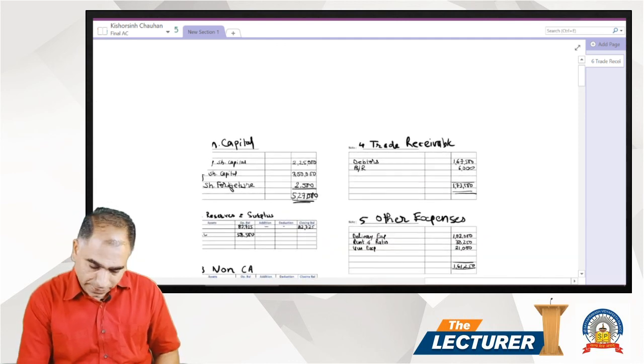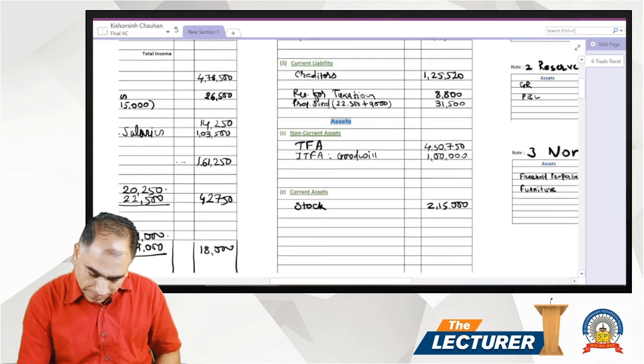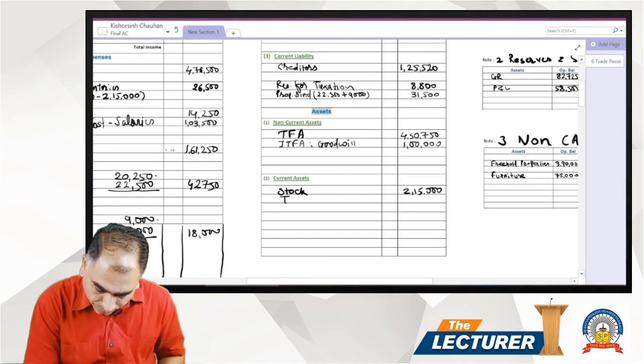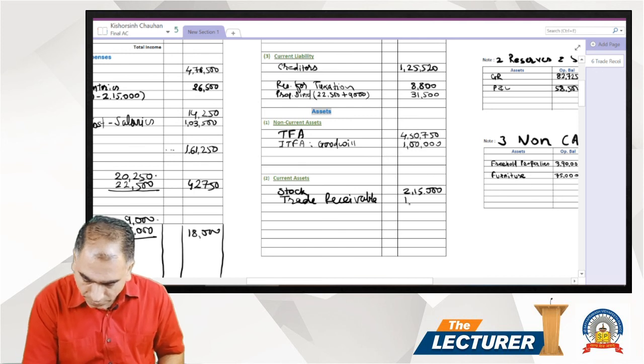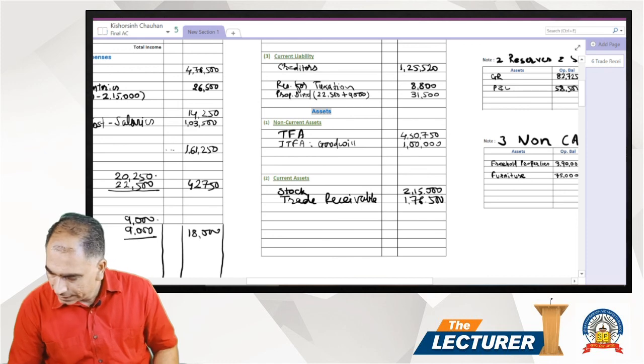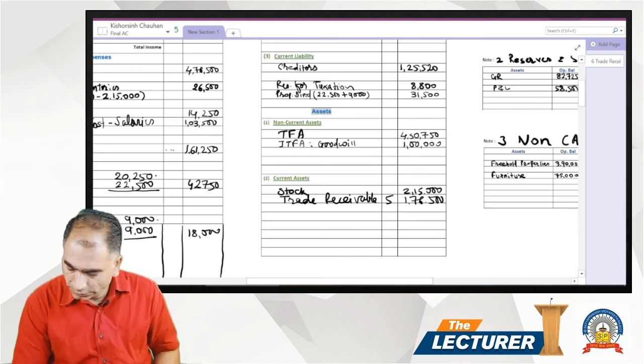So 173,500 is trade receivable and debtors. This is the fifth item.